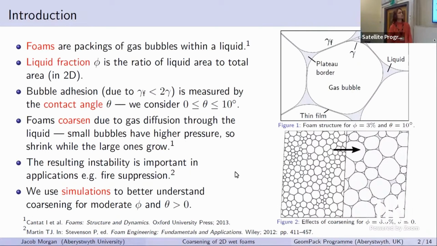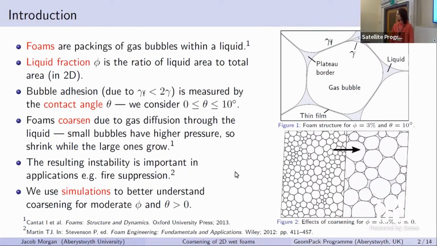This corresponds to adhesion between the bubbles. That is, the films are energetically favorable to some degree in comparison to two distant liquid-gas interfaces. We consider small contact angles of less than 10 degrees, and so whenever I give equations or approximations, they're always to first order in theta.